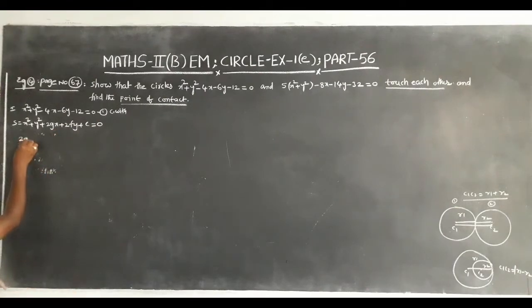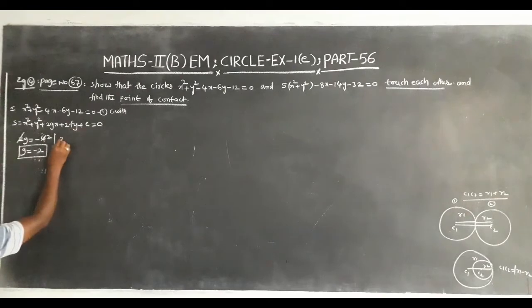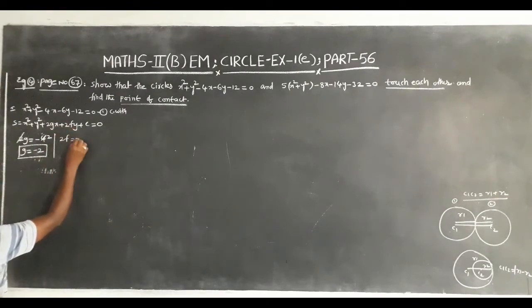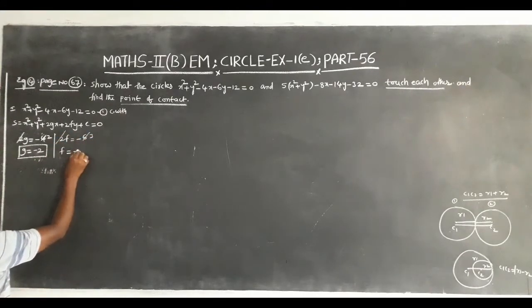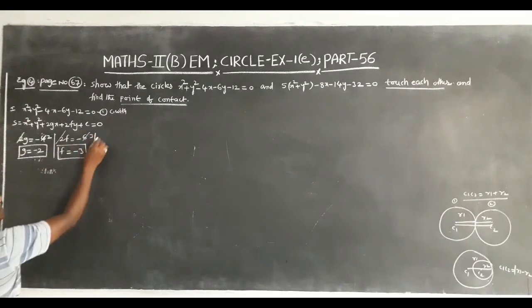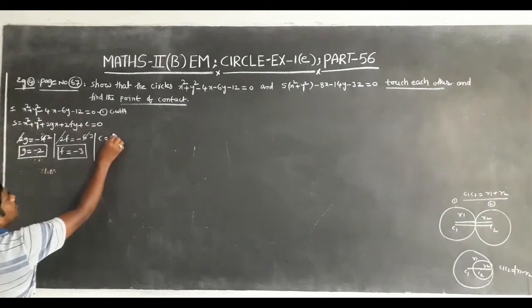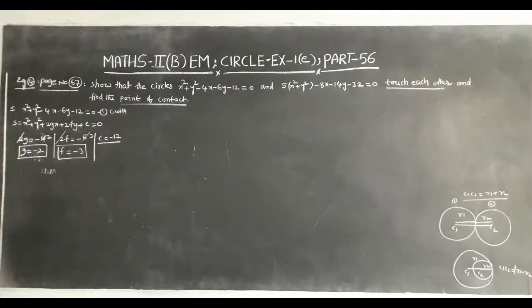Here x coefficient 2g is equal to minus 4, g is equal to minus 2. Y coefficient 2f is equal to minus 6, f is equal to minus 3. Constant c is equal to minus 12.